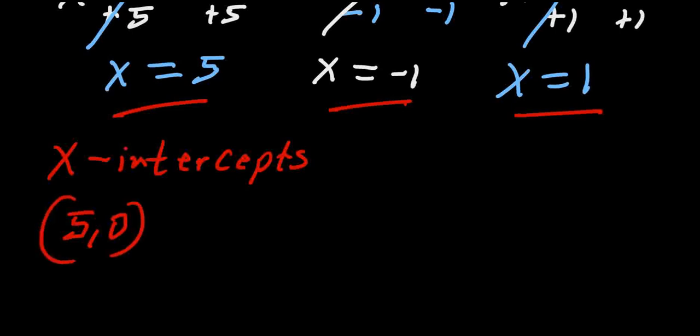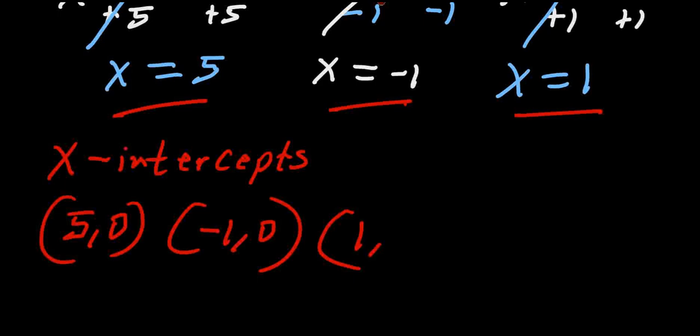When x is equal to -1, y is 0. And when x is equal to 1, y is 0. So these are the x-intercepts of the function. I hope this makes some sense.